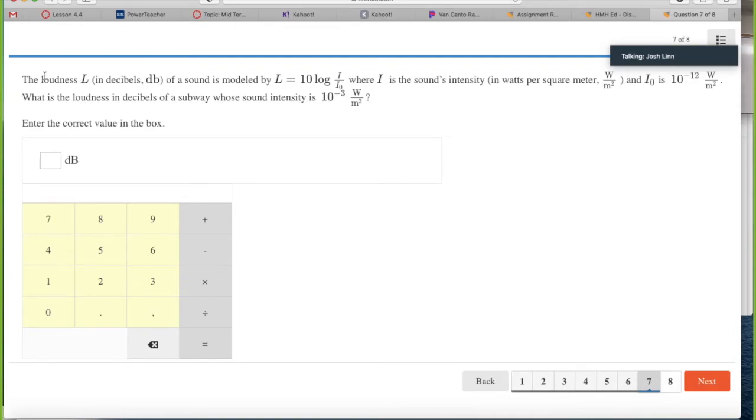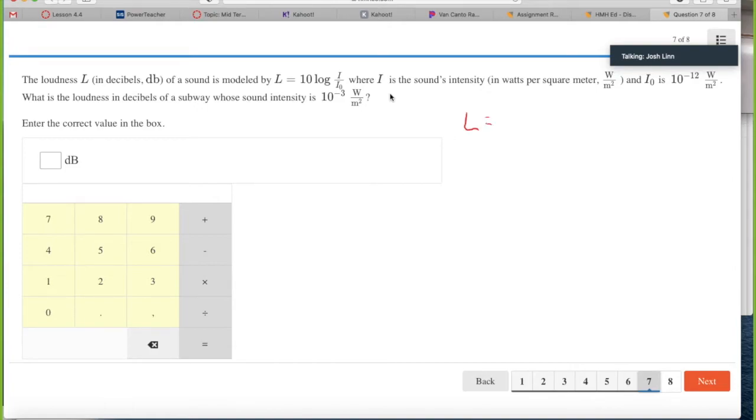So we got a good word problem here. Loudness, L, is described in decibels of a sound modeled by a log function where I is the sound's intensity and I naught is defined. What is the loudness in decibels in the subway whose sound intensity is blank? So we've got an equation, and I'm just going to plug everything we know straight into it.